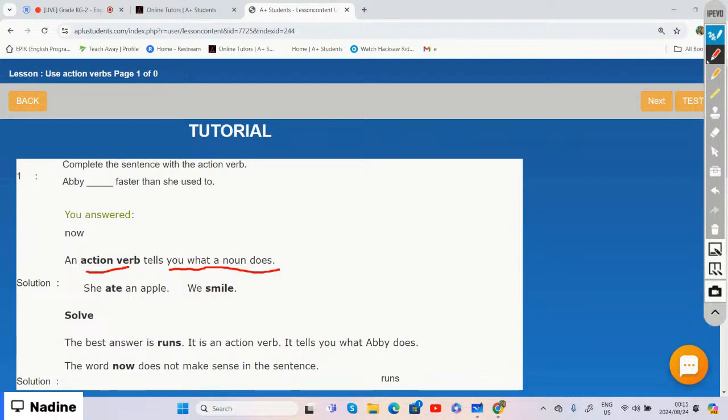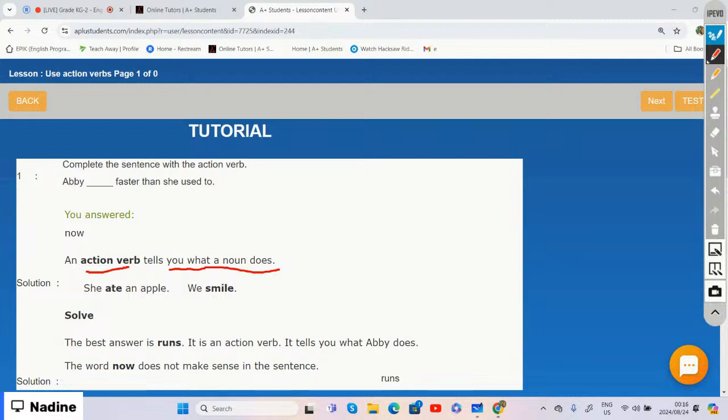Right? And with action verbs, we have words like, we already made a mention of ate. We have words like run or runs.